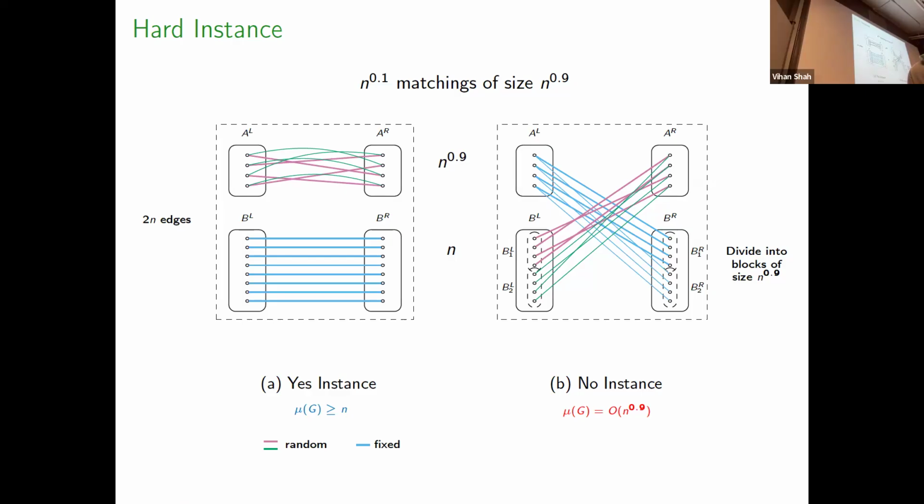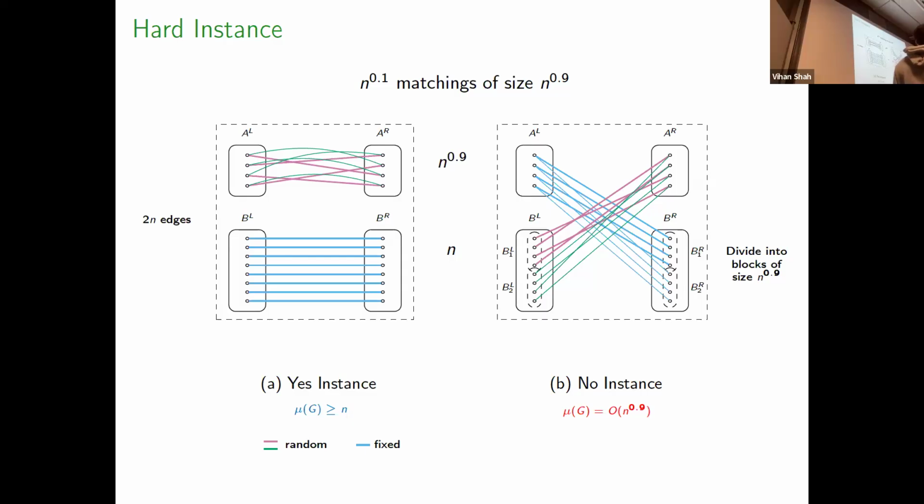Note the sizes of AR and AL are just n to the 0.9, and so AL and AR form a vertex cover. So the matching size is just going to be n to the 0.9. Basically, once all the vertices in AL and AR are matched, we don't have any other edges left to match.